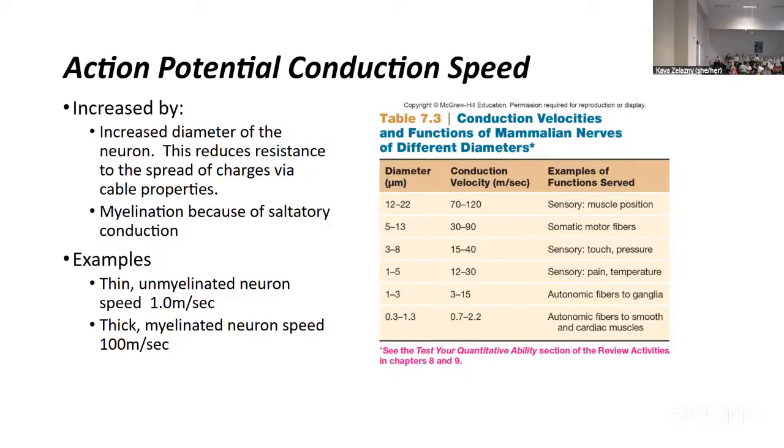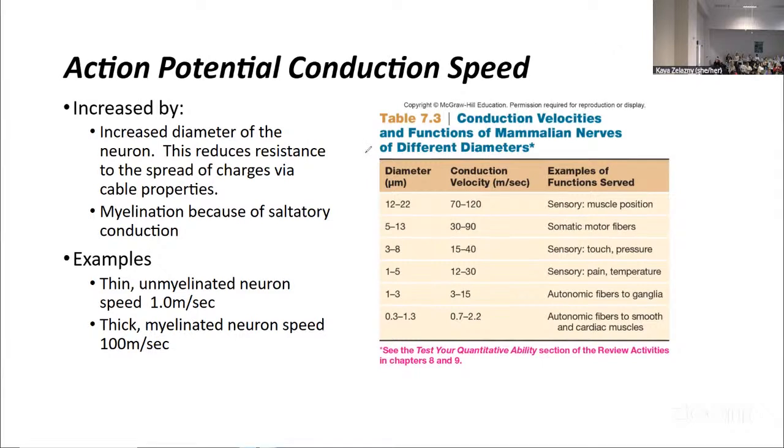Myelin's going to speed up conduction. The other thing that can speed up action potentials is the thickness of the axon itself, so the size of the neuron. What we're going to see is that bigger neurons, so wider diameter, end up speeding up our conduction.